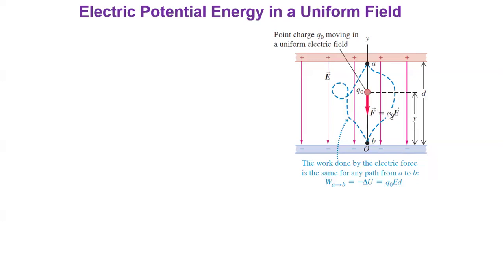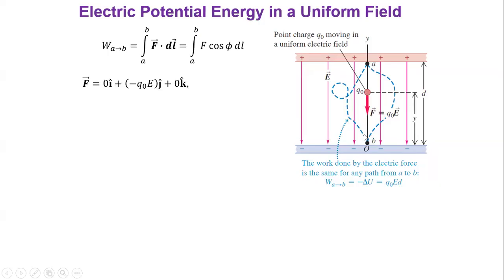There is a force which is equal to Q sub O times the electric field. So if we want to find the work from A to B, we just do this. But this time the magnitude of our force is just equal to Q sub O times E.